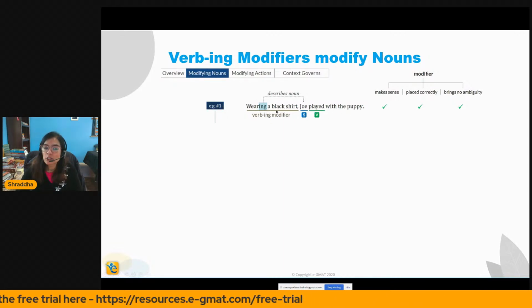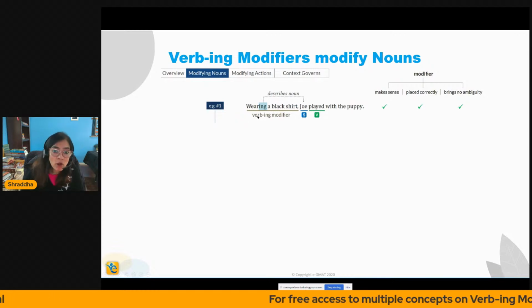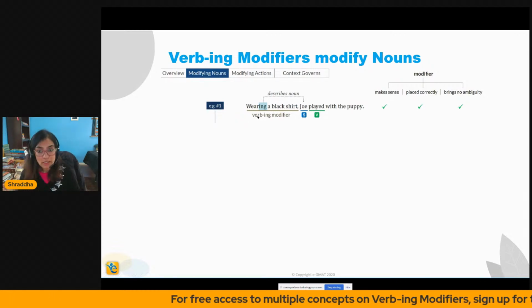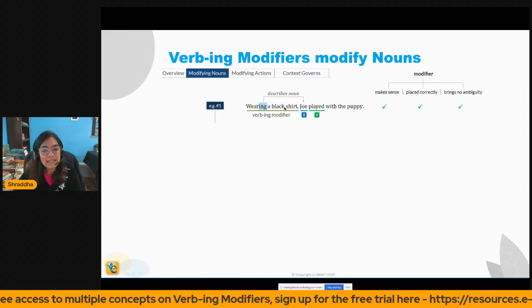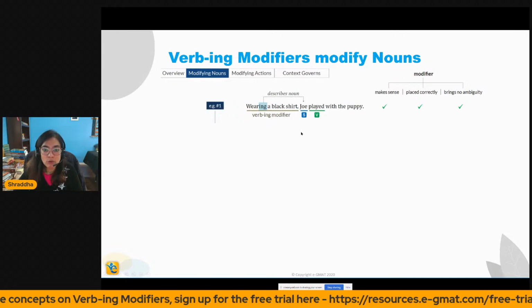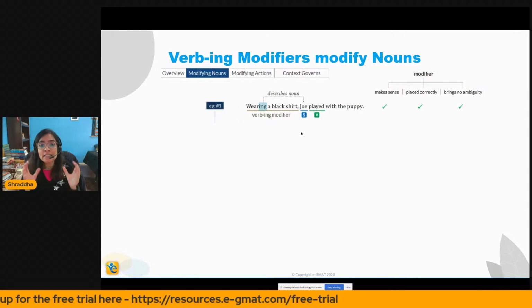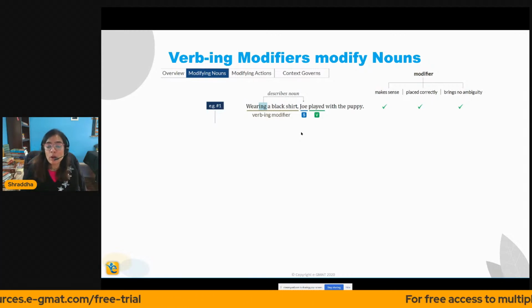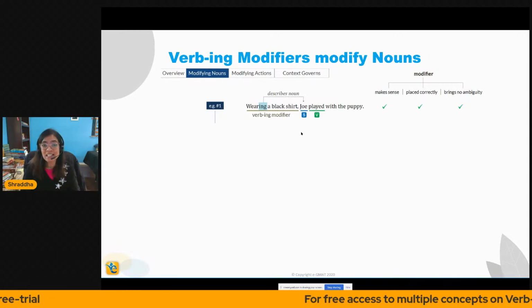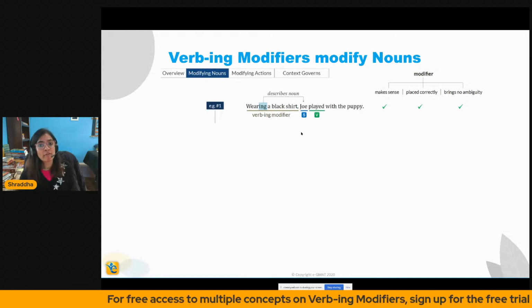When we have a structure like this, the modifier can modify either the whole clause, in which case it will act as an action modifier, or it can only act as a noun modifier talking about Joe. So how will we know that? The answer is very, very simple. It is the context of the sentence which will tell us whether the opening verb-ing modifier right at the beginning of the sentence is meant to modify the action or is meant to modify the noun.